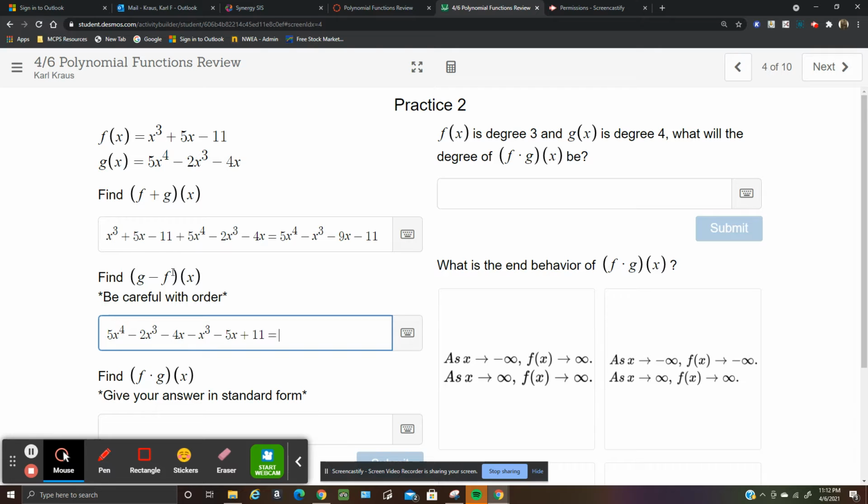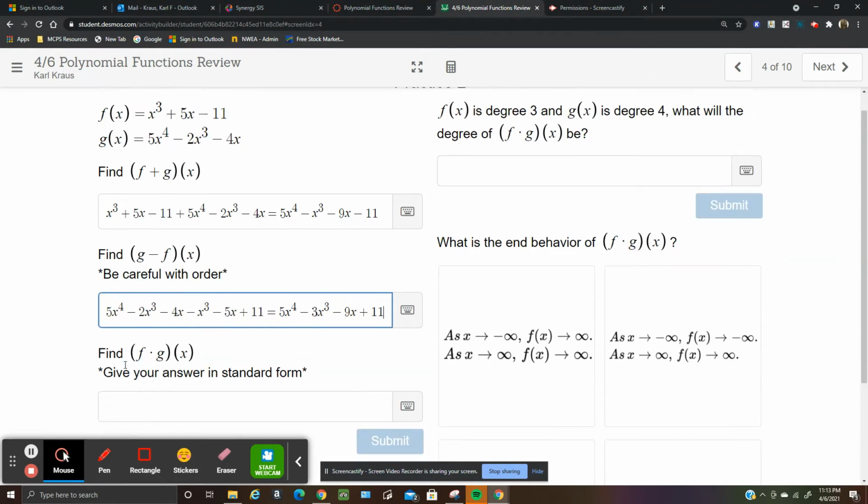And then combine like terms, 5x to the fourth, minus 3x cubed, minus 9x, and plus 11.